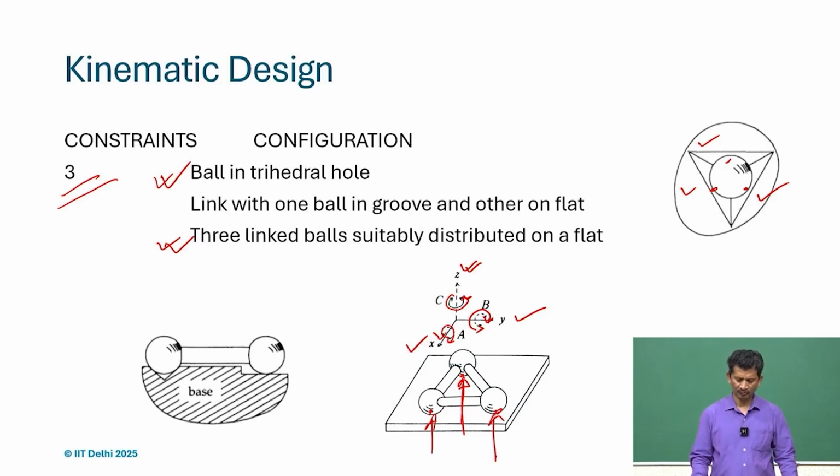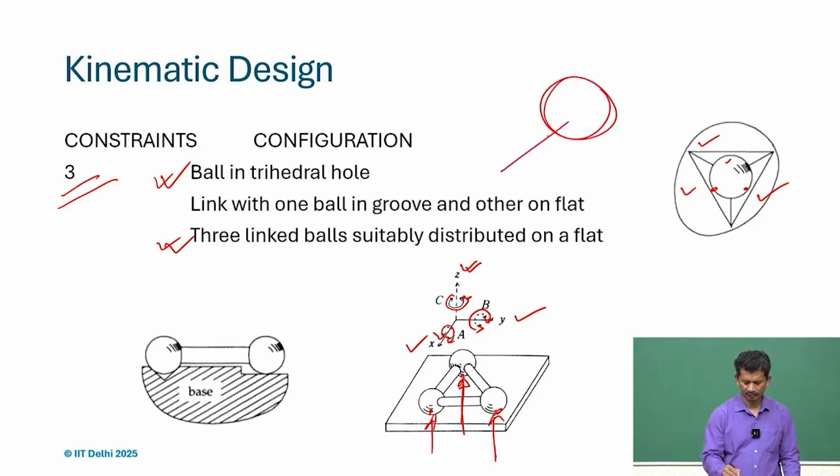Here it will be more like a ball and then coming from the 3 sides, and it constrains the position along x, y, z, and that is why whenever we want to locate the position of any object, we can use this approach.